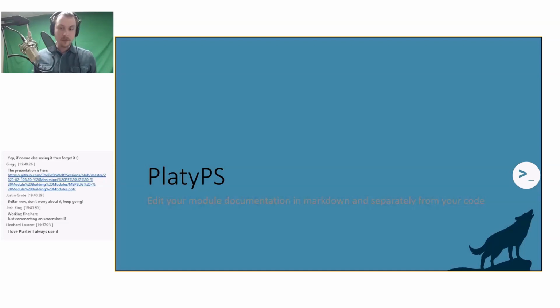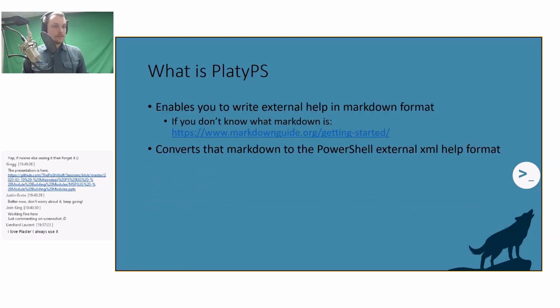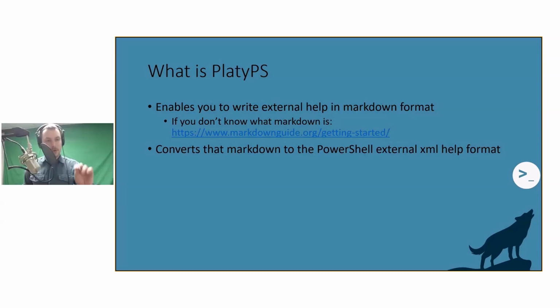Agreed. Okay, so PlatyPS. PlatyPS is a module that allows you to do all of your documentation in Markdown separately from your code. If you're not familiar with what Markdown is, I'm guessing that most people listening probably are, but if you don't know, I've got a good link to it here.